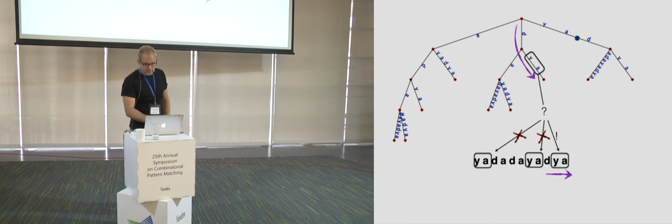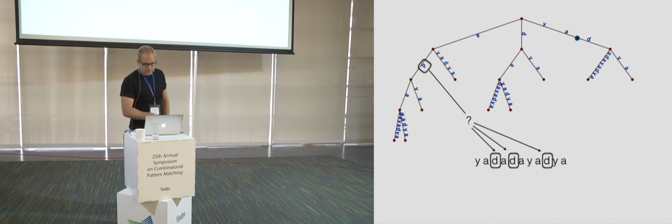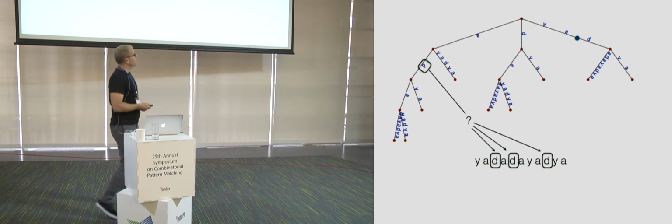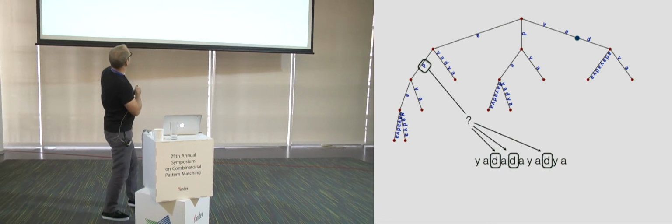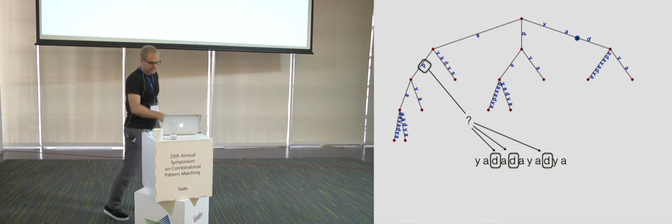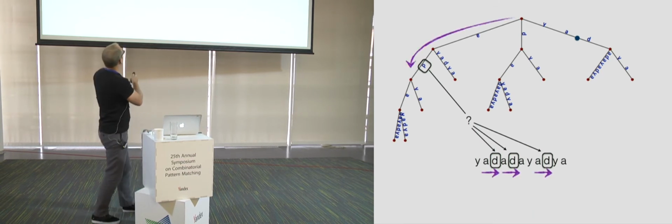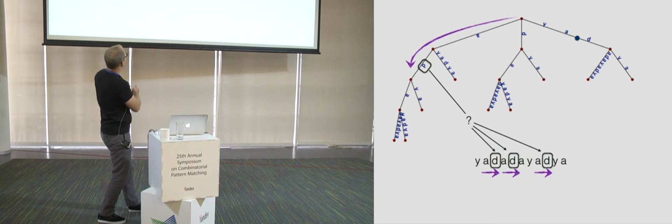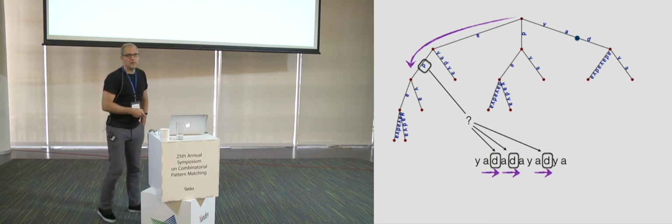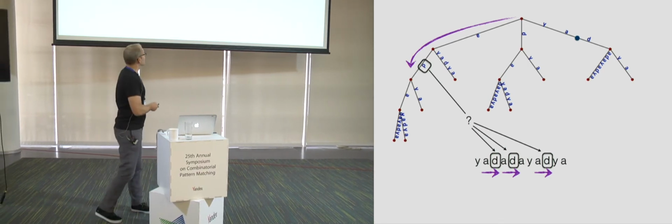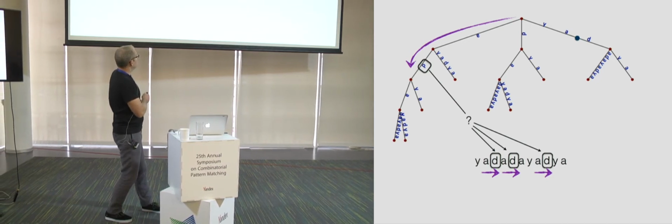In some cases, it doesn't matter. So here, this edge label D could be either one of these three, because AD is here, and it's AD everywhere here.